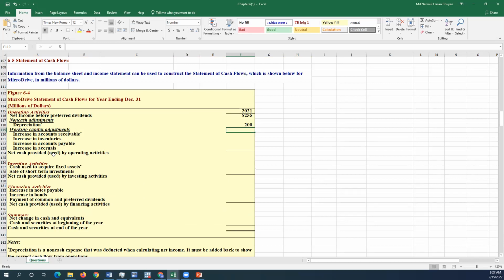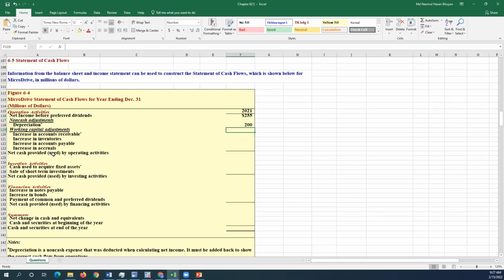So under operating activities, we are going to report the changes in the current assets account except the changes in the cash and cash equivalent account and the changes in the short-term investment accounts.